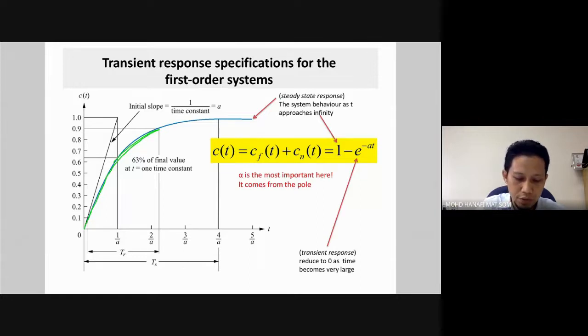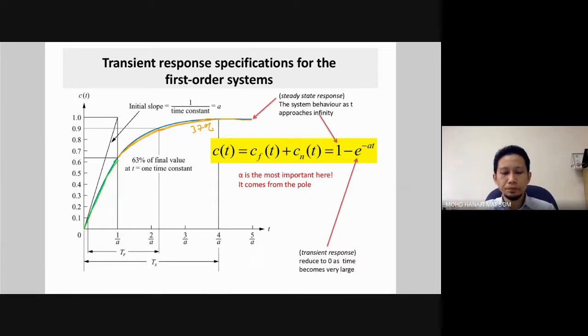Or in other words, it is the time taken to decrease to 37% of its initial value. So 37 plus 63 becomes 100. So it is two definitions with the same concept. 63% is not here, it's actually over here. So this is 37% decay from its initial value, or 63% of the final value.